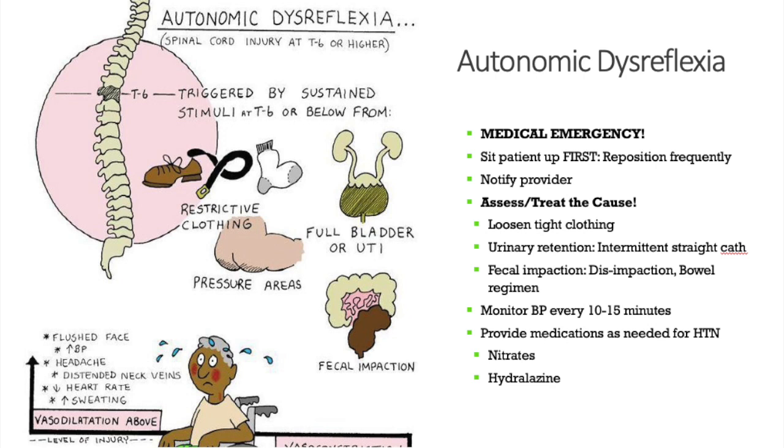So those chemicals come to the brain, and the brain says, okay, no, we're gonna stop this blood pressure from rising. So what the brain does is it stimulates the parasympathetic nervous system through the vagus nerve with the hope of decreasing blood pressure, decreasing heart rate, and causing vasodilation. However, remember there's a spinal cord injury at T6 or higher.